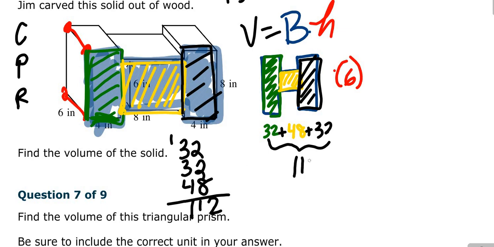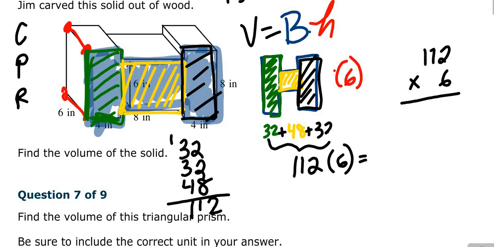So our base area is 112 times 6 will get us our total volume. Total volume of this solid is 672 inches cubed.